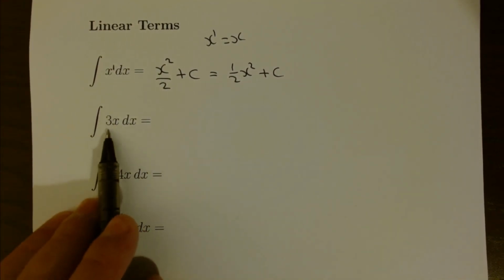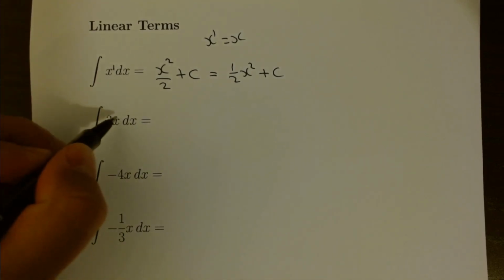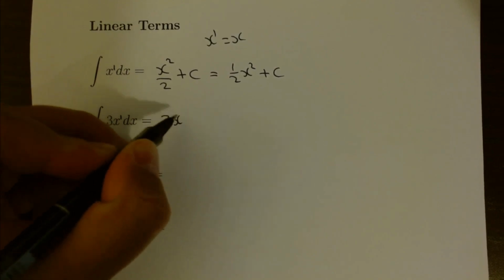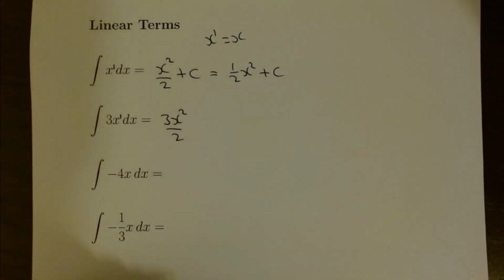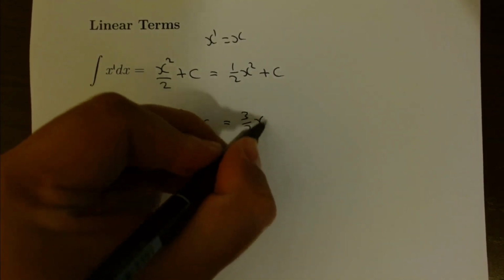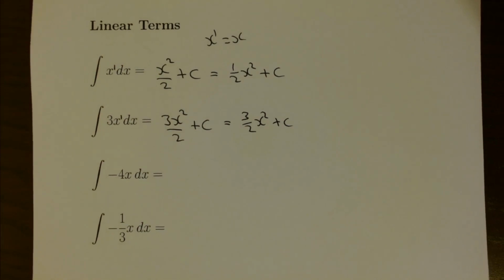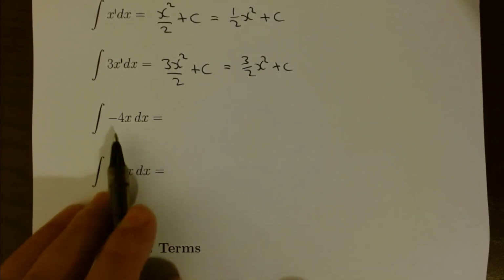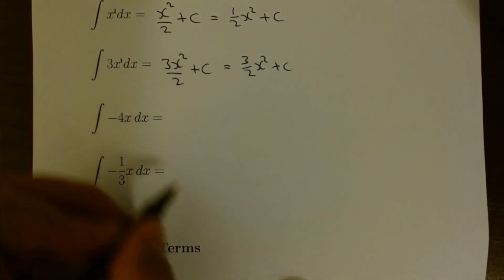Next we want to integrate 3x. So we can imagine there's a 1 there. We get 3x squared over 2 plus c. That equals 3 over 2 x squared plus c. Now we want to integrate minus 4x.